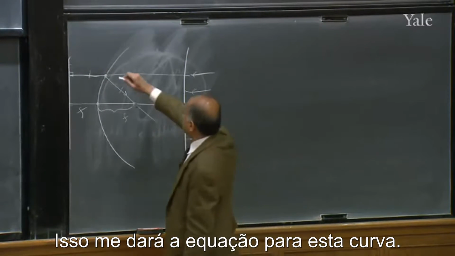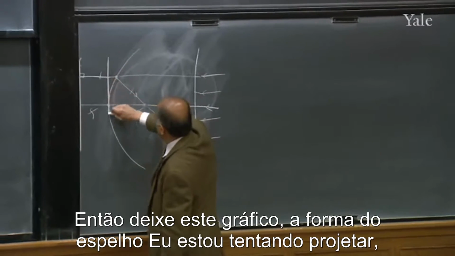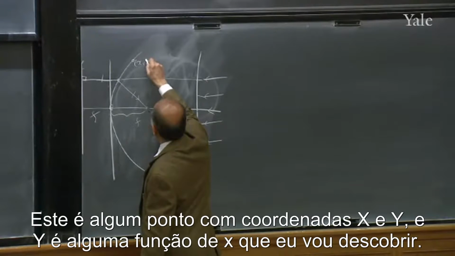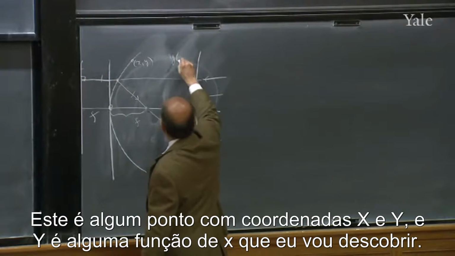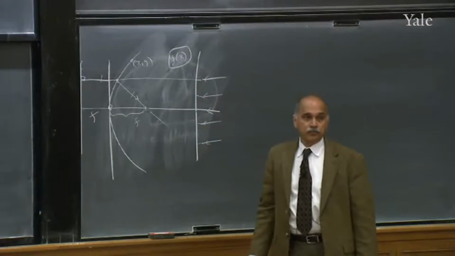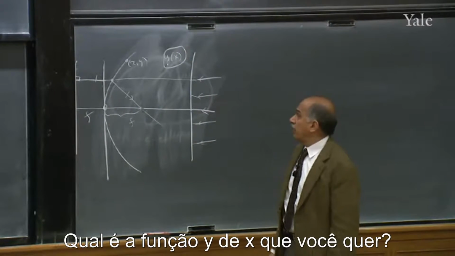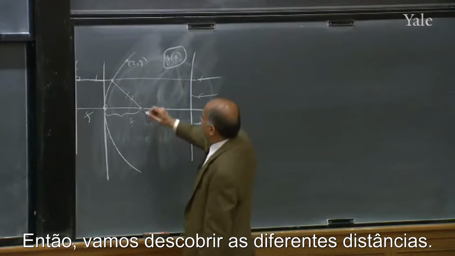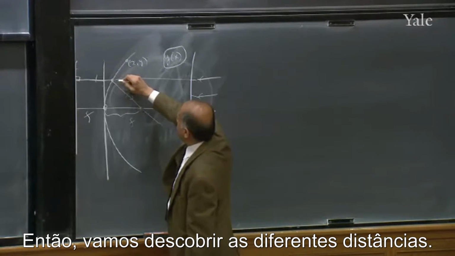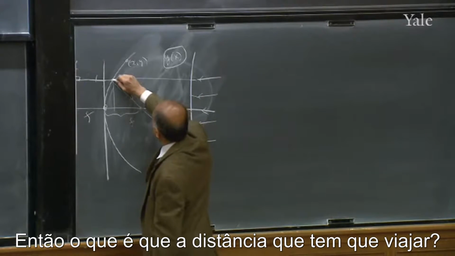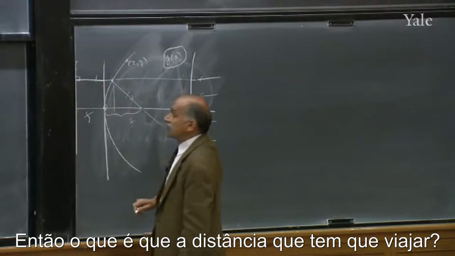So let this graph, the shape of the mirror I'm trying to design, let this be the origin. This is some point with coordinate x and y is some function of x that I'm going to find out. That's the goal. What's the function y of x that you want? So let's find out the different distances. So what is that distance it has to travel?